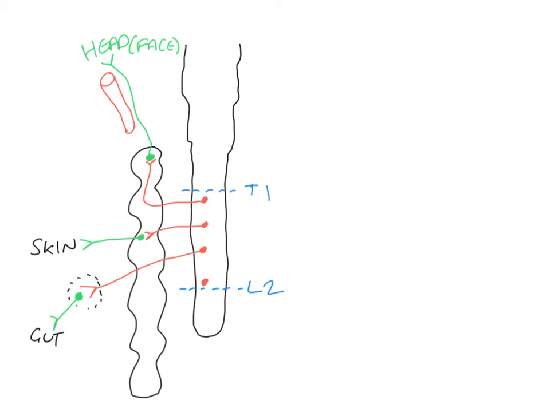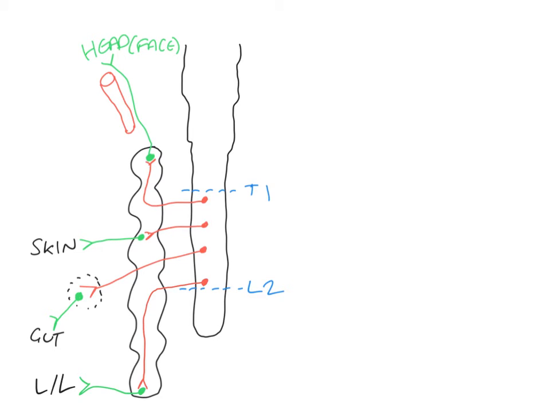And what they do, they enter the sympathetic chain, but then they descend all the way down. And having descended, they are then able to synapse with postganglionic neurons, which then distribute to the lower limbs.